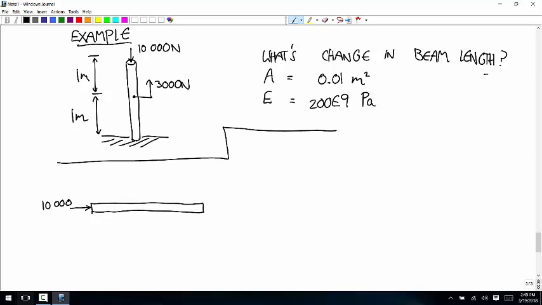And the 3,000 Newton force this way. And if these are in equilibrium, we know that there has to be 7,000 newtons going that way. That's not even going to come up in the calculation. But now we have to do cuts.